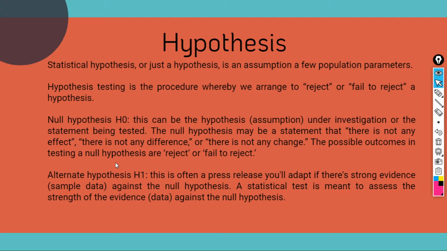To validate any prediction, to validate any assumption, we will go with hypothesis testing. Hypothesis testing is all about validating an assumption and telling whether this assumption is true or not. How do we do it? With the help of statistical significance.